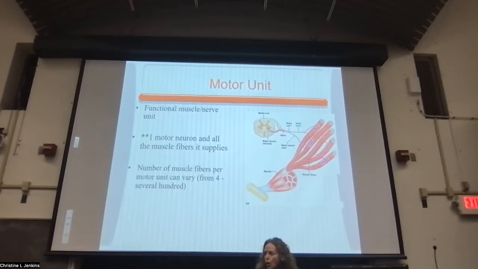So when the goal is brute force, if your goal is force of contraction, you want large motor units where each nerve supplies hundreds of muscle fibers. Isn't that efficient? I can send a nerve impulse down one axon and it will stimulate 100.